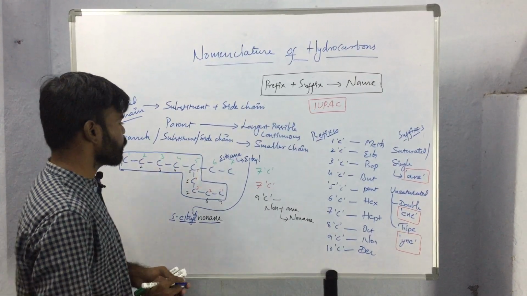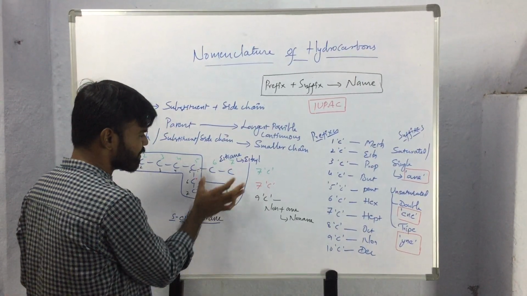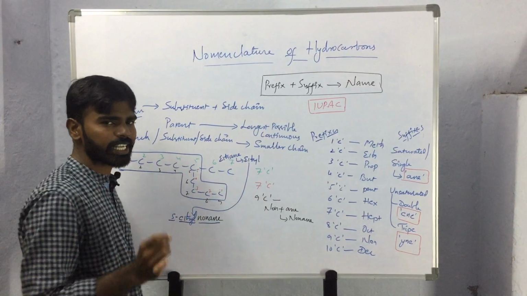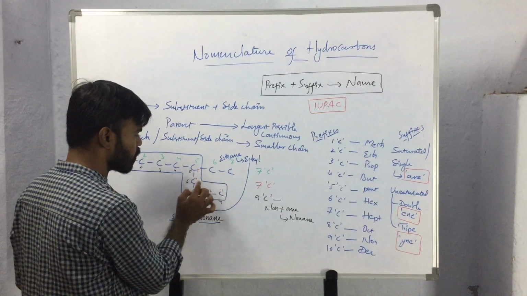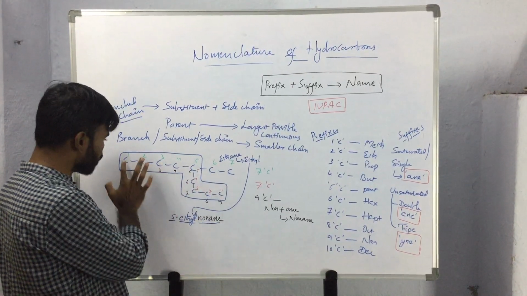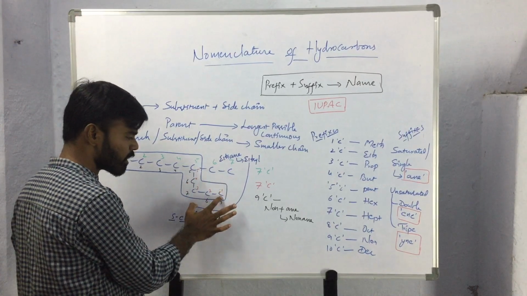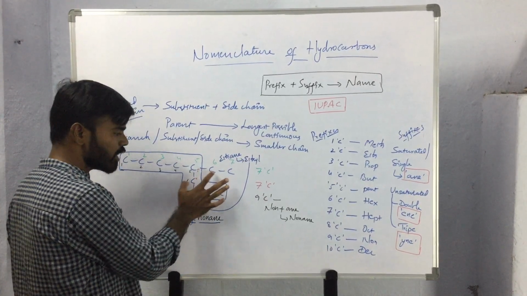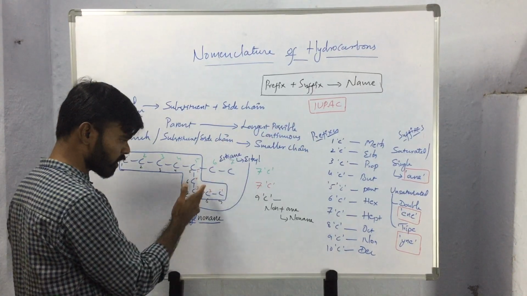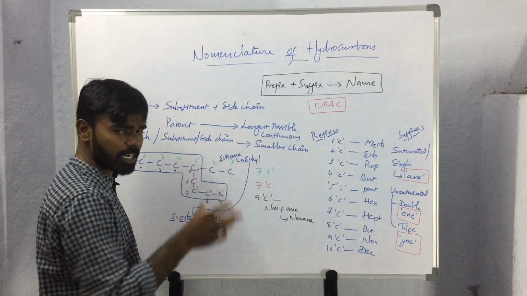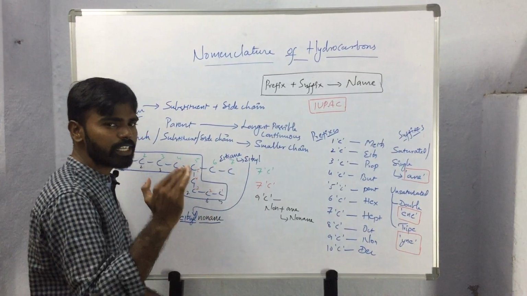So here one thing we should keep in mind, that as we have seen in case of unsaturations, here also this substituted carbon atom should get the least possible number. So let us consider the same ethyl group is present on this carbon atom. If we start numbering from here, the sixth carbon atom will get the ethyl substituent. If we start numbering from here, the fourth carbon atom will get the ethyl substituent. So according to IUPAC rules, the carbon atom on which the substituent or the branch is present should get the least possible number.